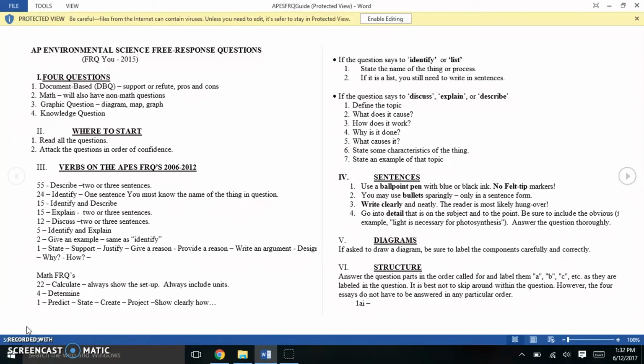Diagrams, if asked to draw a diagram, be sure to label the components carefully and correctly. As we get to diagramming, usually charting, graphing, we will have to do our X and Y, identify that, and make sure we pinpoint our markings on that plot carefully. And so that will be some practice that we will get, but that's some helpful hints right here with your diagramming.